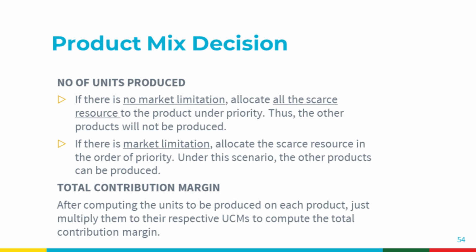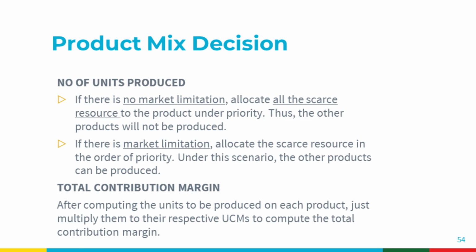Under this scenario, the other products can be produced. Okay, kasi nga pag may market limitation, although mas gusto natin na i-allocate lahat ng resources sa product na may pinakamalaking contribution margin, hindi natin magagawa yon dahil there's possibility na hindi mabenta yung sobrang supply compared sa demand.